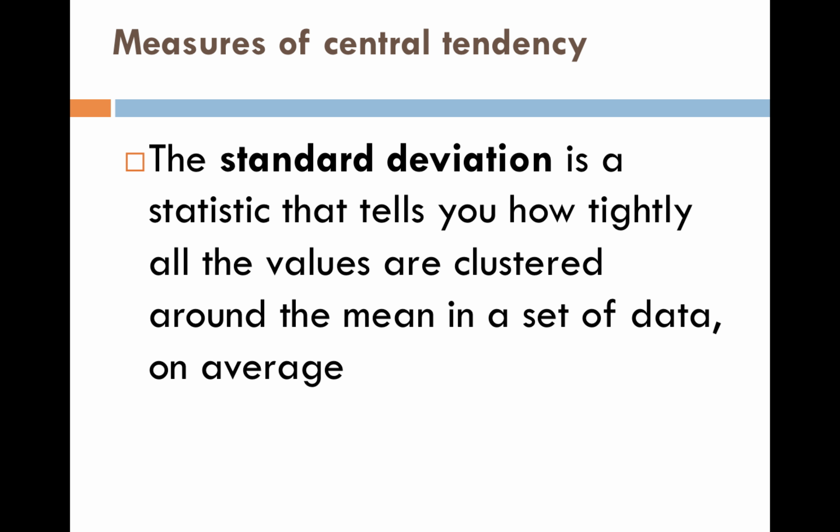So why is this useful? Well, if you're comparing test scores for different schools, this standard deviation will tell you how diverse the test scores are for each school. Let's say that Springfield Elementary has a higher mean test score than Shelbyville Elementary. And your first reaction might be to say that the kids at Springfield are smarter because the mean was higher.